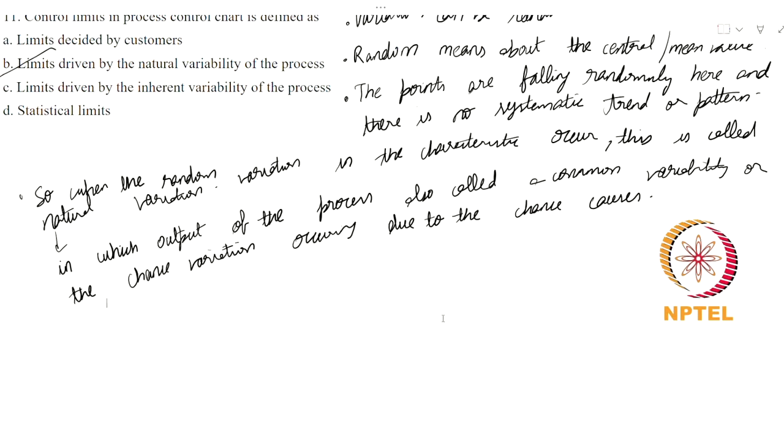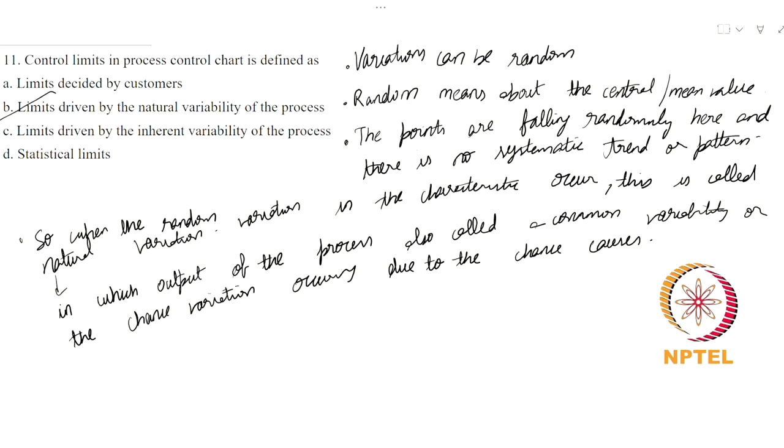Now control limits in a process chart are defined as limits driven by the natural variability of the process. When the random variation in the characteristics occurs, this is called natural variation.